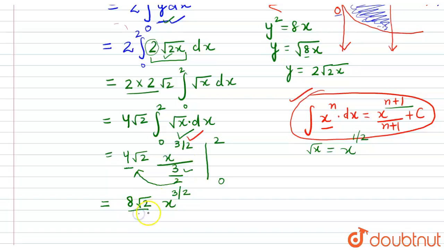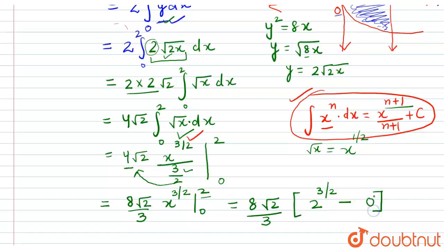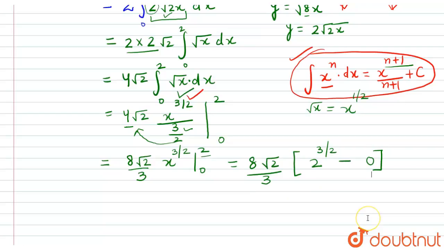Now we apply the limits. Firstly we apply the upper limit, which gives us 2 to the power 3 by 2, minus 0 to the power 3 by 2, which would be 0 only.